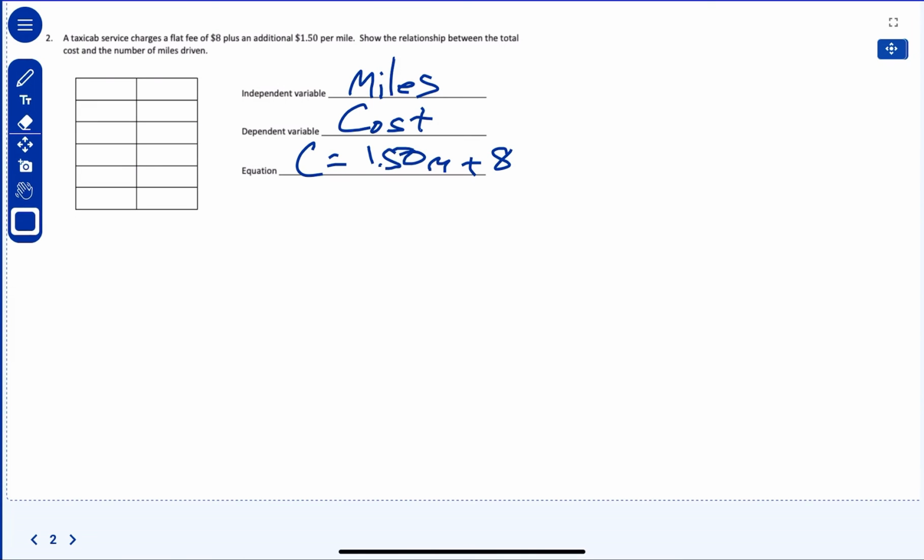Okay? So now then, let's do that. A lot of times it doesn't tell us what variables to use here, so we're going to do M and C, miles and the cost.